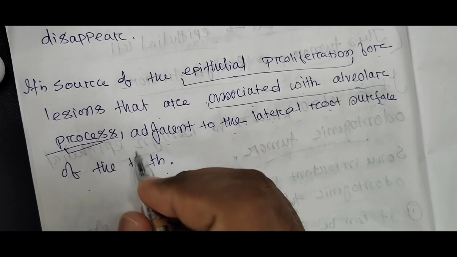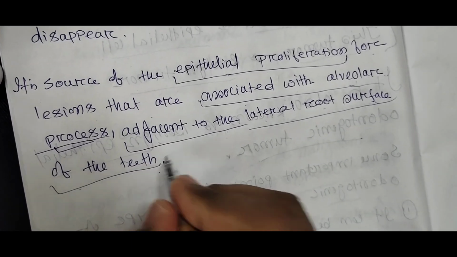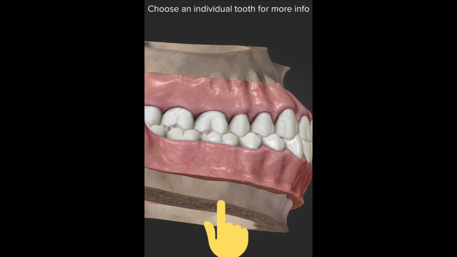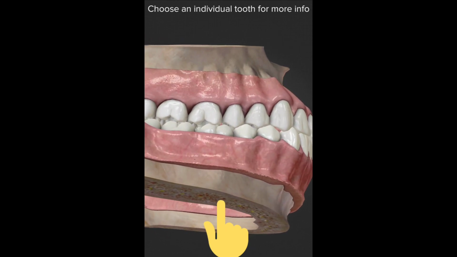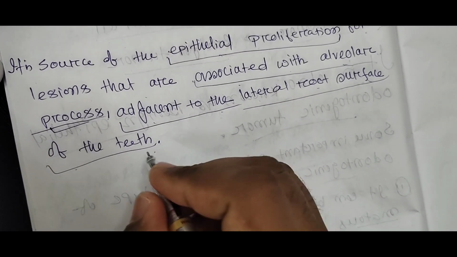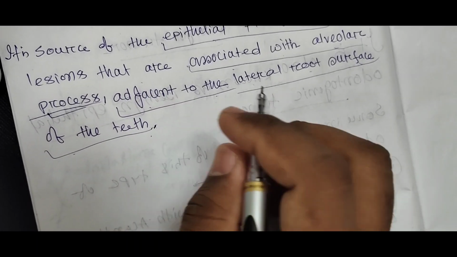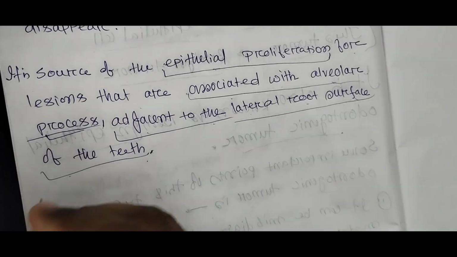The alveolar process adjacent to the lateral root surface of the teeth. That means the lateral surface of the teeth, that means this alveolar process, the outer surface of the alveolar process. Okay. Now next point.